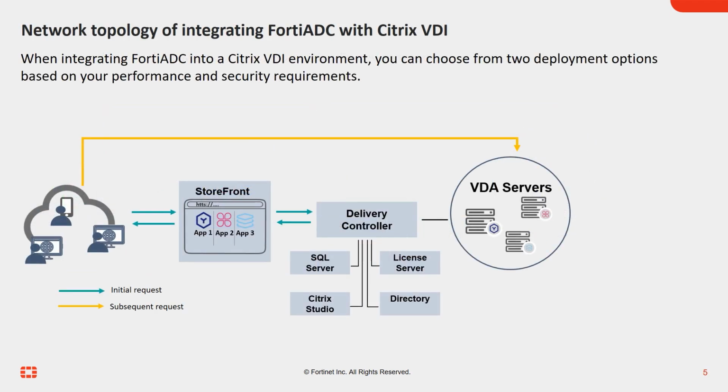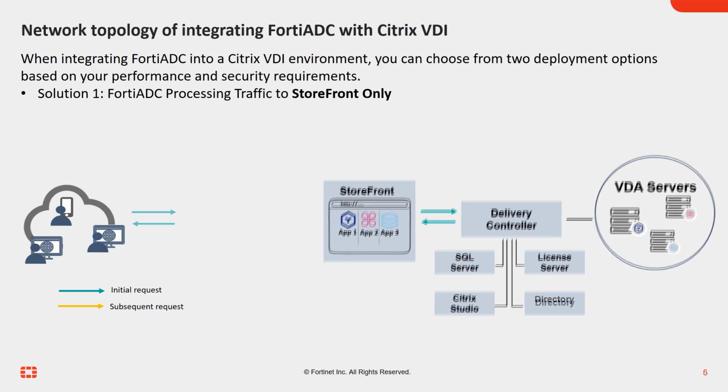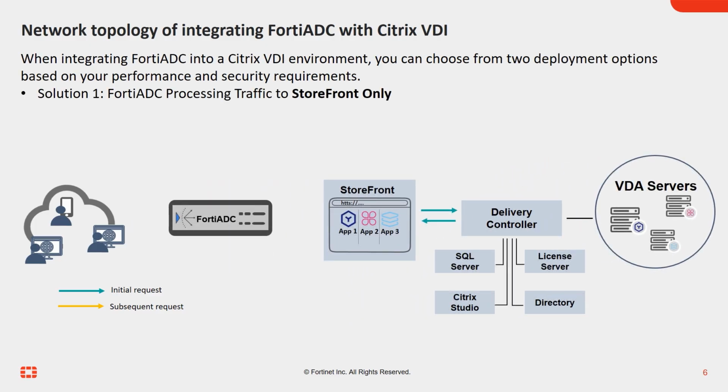When integrating FortiADC into a Citrix VDI environment, you can choose from two deployment options based on your performance and security requirements. Solution 1. FortiADC processes only the traffic destined for the StoreFront servers. When a user initially accesses the Citrix VDI environment, the traffic passes through FortiADC first.